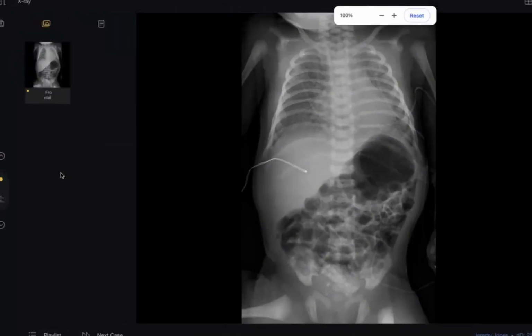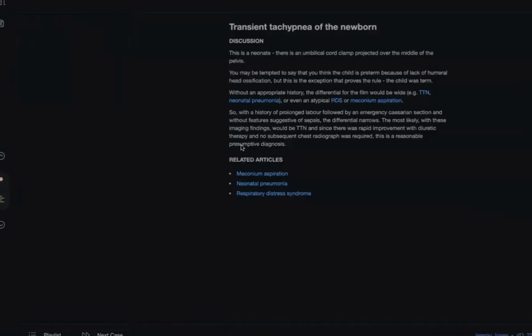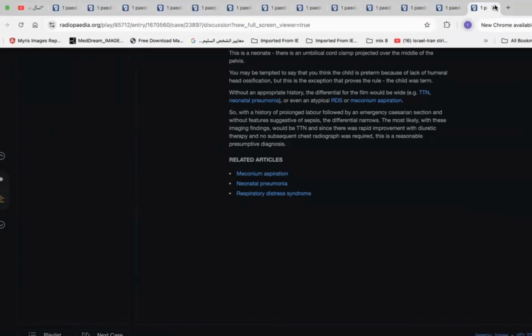It says you are tempted to say this is a preterm because of lack of humeral ossification, but this is the exception that proves the rule. The child should learn why. Because all ossification centers have a range, between like 37 weeks and like 42 weeks. This is a range, not a definite number. Thank you, doctor, so much. Thank you, doctor.